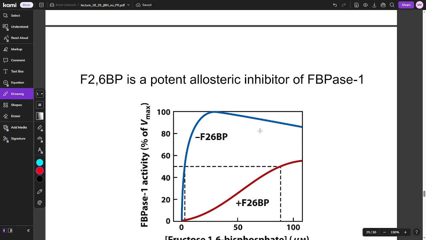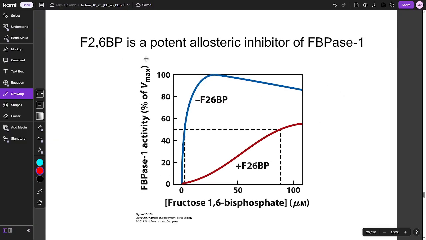And here we're looking at FBPase, and if it's an activator of PFK1, it should be an inhibitor of FBPase. And you can see that here, right? When you look at FBPase activity, it should be inhibited with fructose 2,6-bisphosphate. And it is.